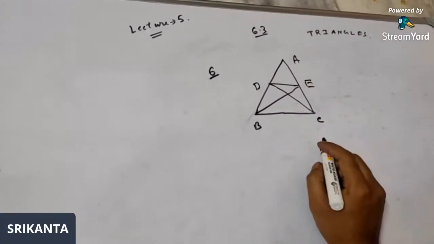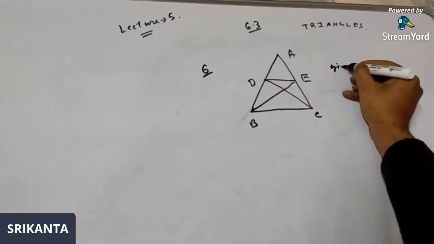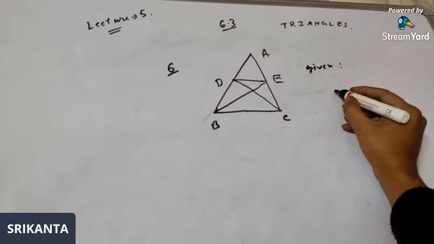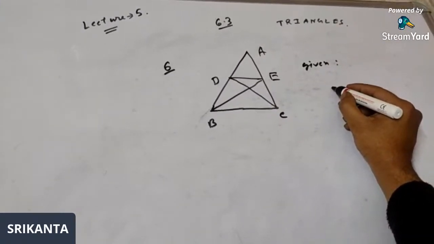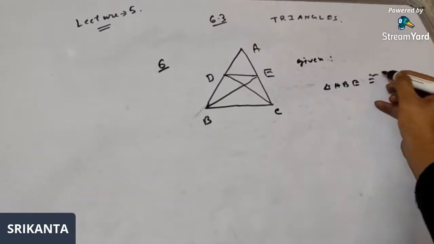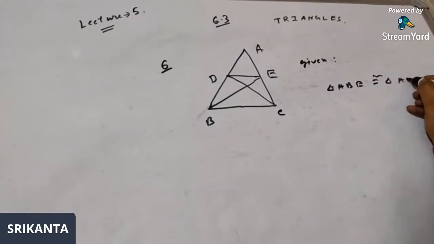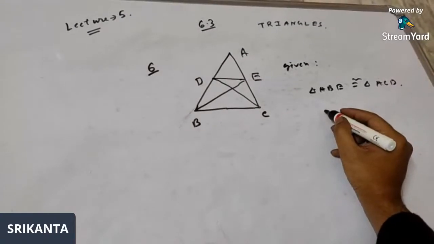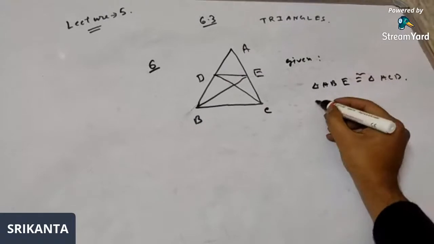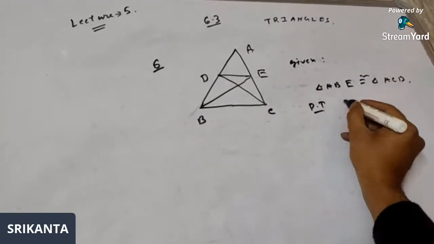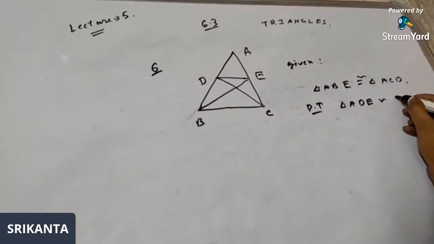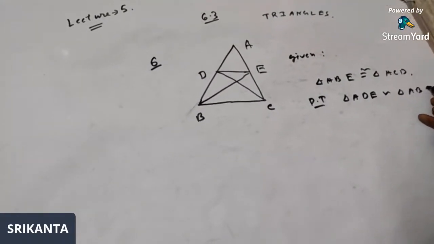It is given that triangle ABE is congruent to triangle ACD, right? We have to prove that triangle ADE is similar to triangle ABC.